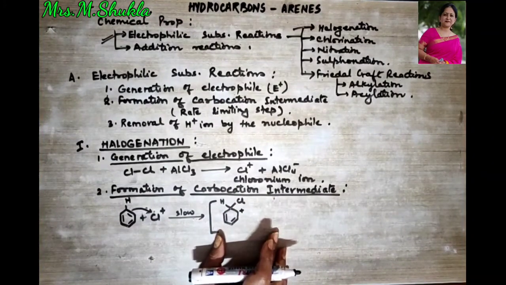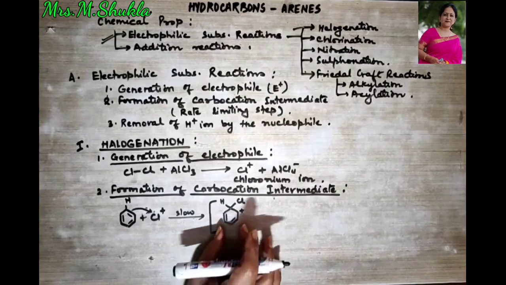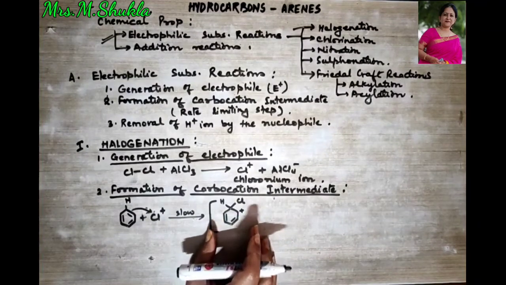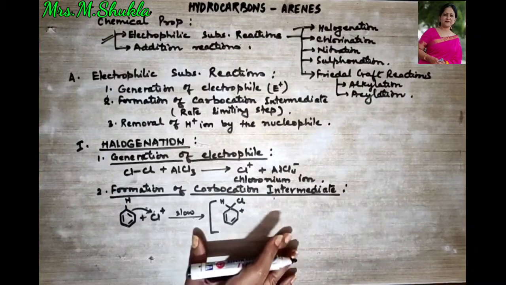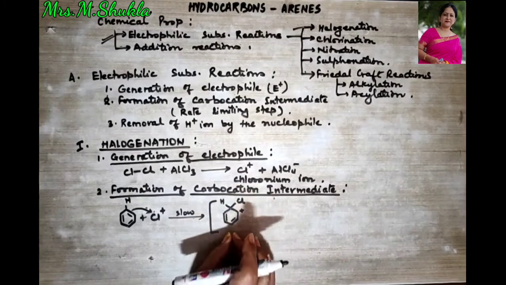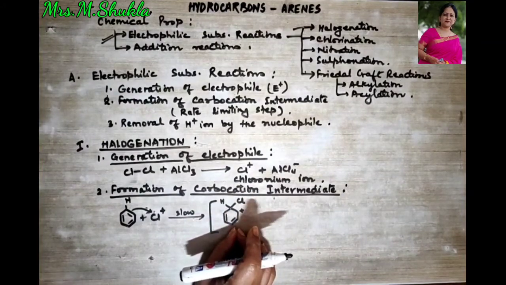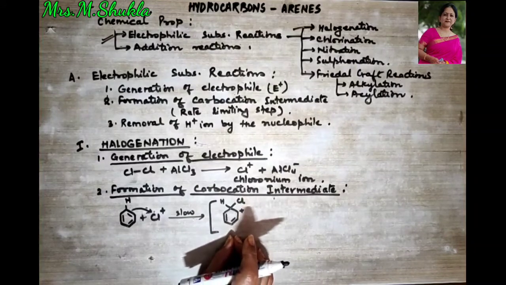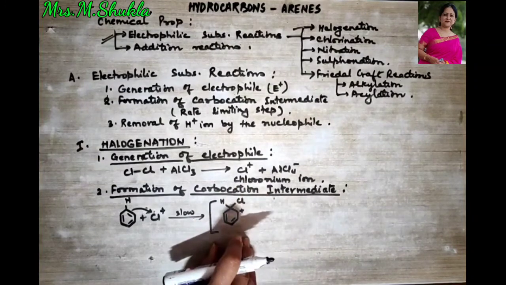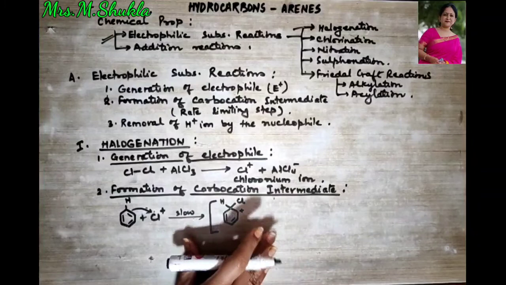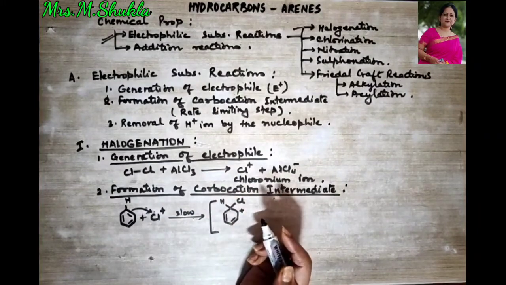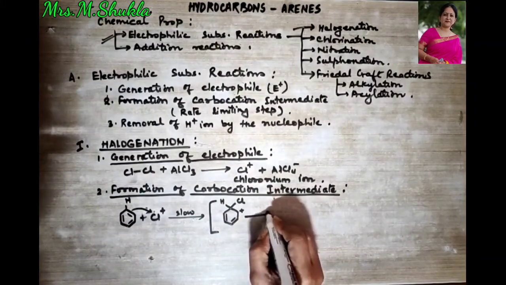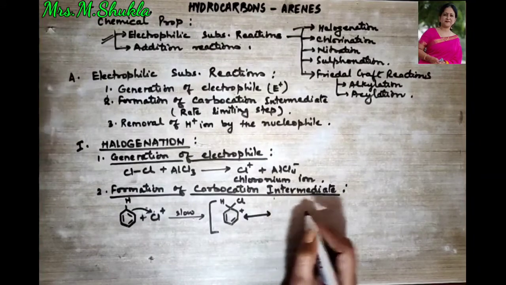Now remember that this particular structure is no more in its aromatic character. Since it is not aromatic, it is unstable now. So to stabilize itself, it is going to show resonance. How is it going to show resonance? Let us look at this.